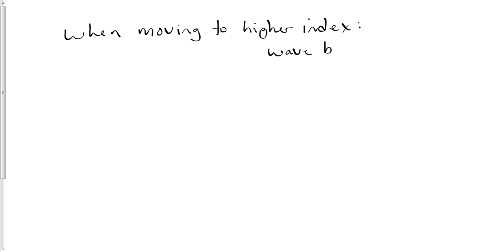Now, a couple rules that you have to remember. When you move from a low index to a higher index, the light itself will bend towards the normal line.